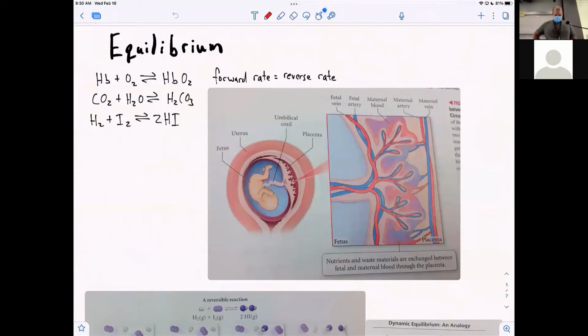So this is the next chapter. It deals with equilibrium. Now, the good news is that you're done with the hardest chapter. Chapter 15 is the hardest chapter because it's calculus based. So now we're on to chapter 16, and from here on out, it's only algebra. So no calculus or calculus concepts.